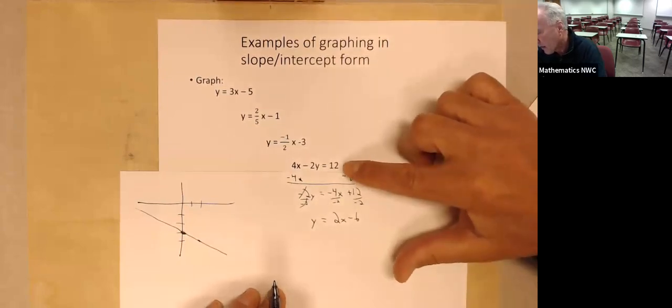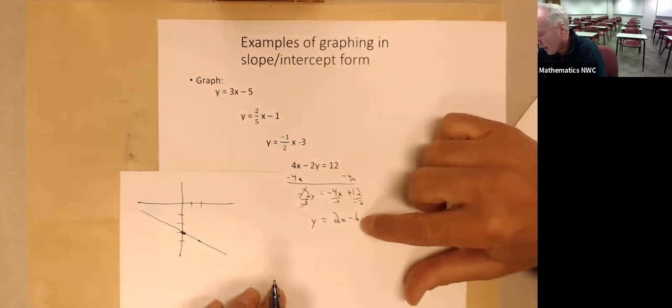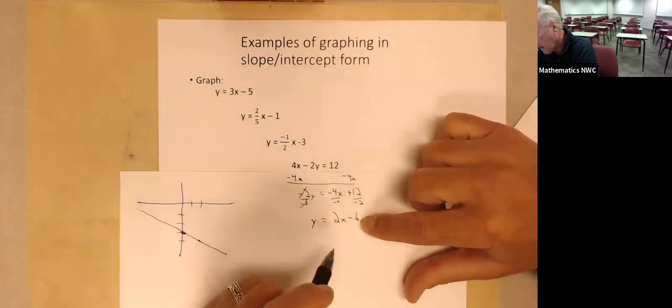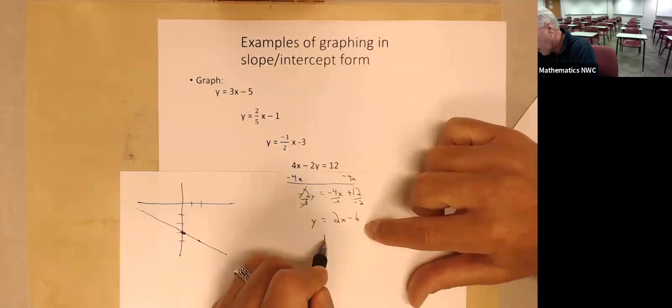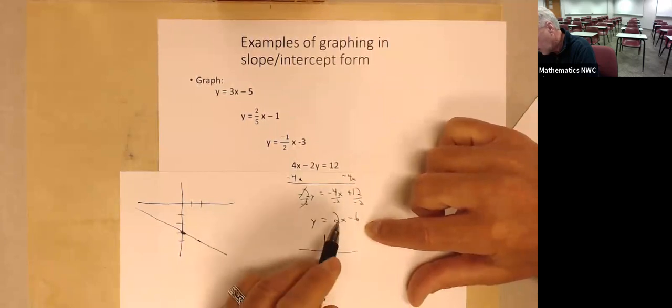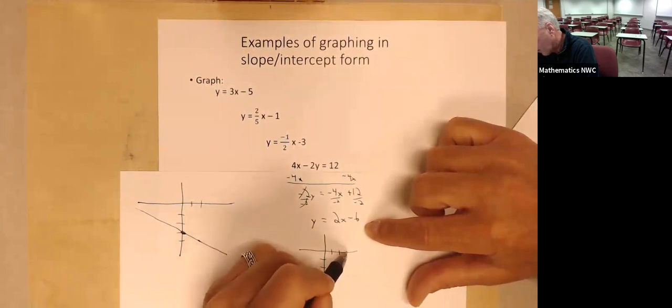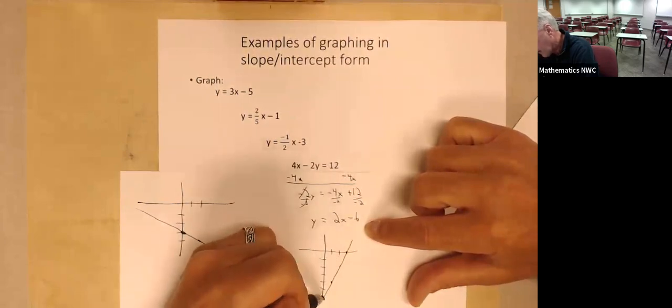I took this equation and solved it for y, so that it's in the slope-intercept form. Now I can graph it very quickly. The y-intercept is -6. Slope is up 2 over 1, up 2 over 1, and there's my line.